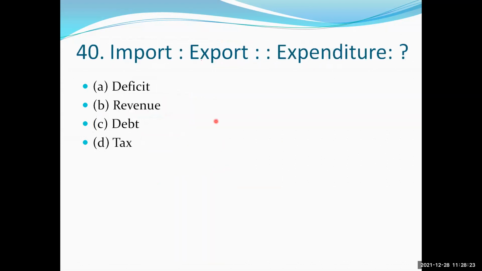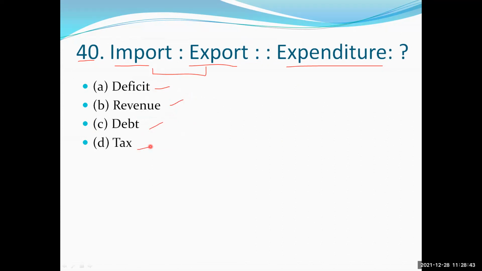The next question, 40, is in front of you. Import and export are associated with what? A similar relationship, you just try to find it out: from expenditure, what is related? Deficit, revenue, debt, or tax?